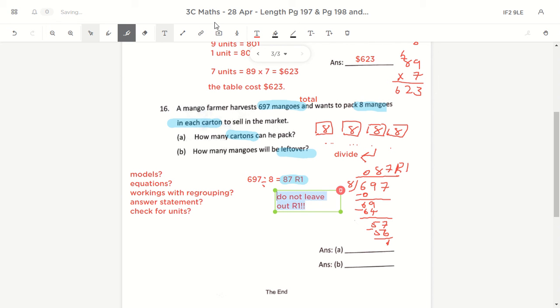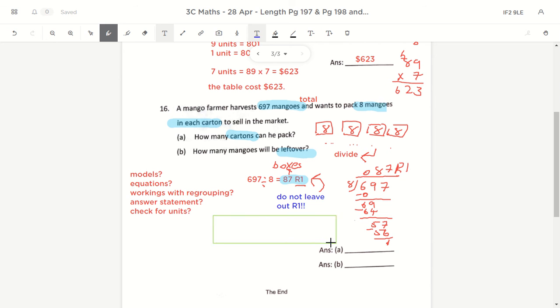Why? Because 697 divided by 8 is not 87 only, it is 87 R1. So do not leave out the R1. Whatever you have, write down in your equation as well. Very simple as that. 87 means the boxes that you have, and of course R1 means the number of mangoes that are left behind.